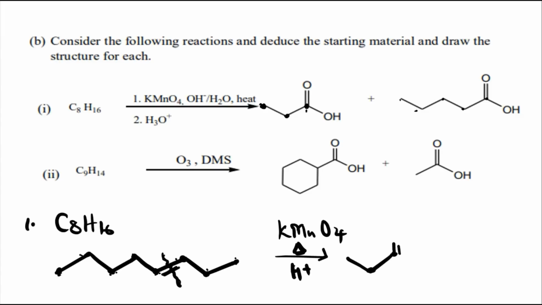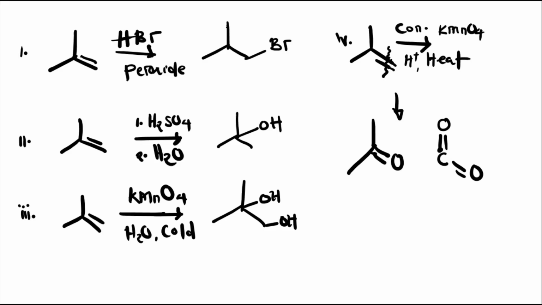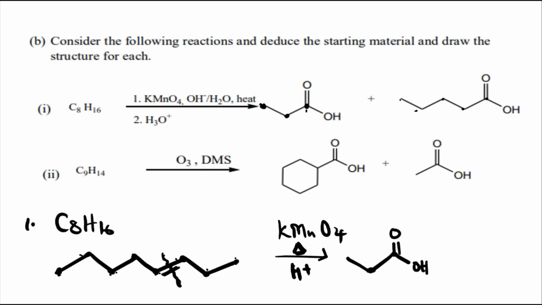The double bond was here where I cut. Where I cut, I put oxygen there. And the other hydrogen that remained here, I just put an OH. That's what happens.